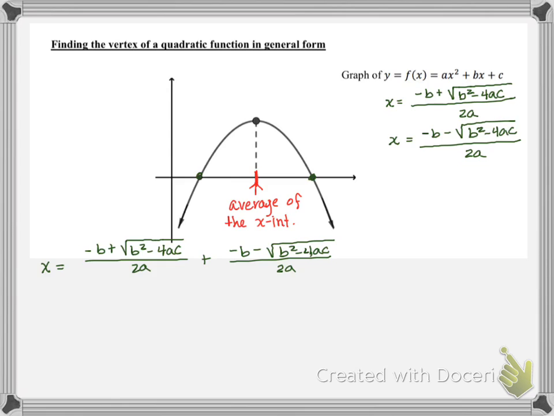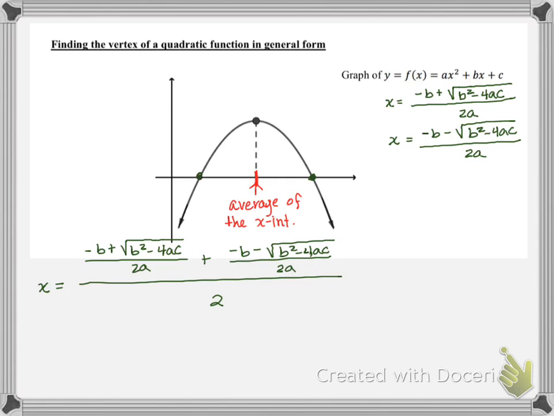So I just added my two x-coordinates, and then I'm going to divide it by 2. This looks a whole lot worse than it is, I promise. Because if you look in the numerator, we have common denominators, right? So to add those, all we have to do is add the numerators.